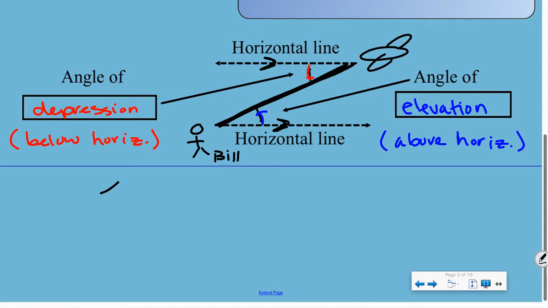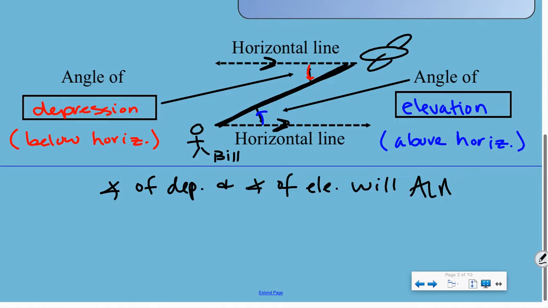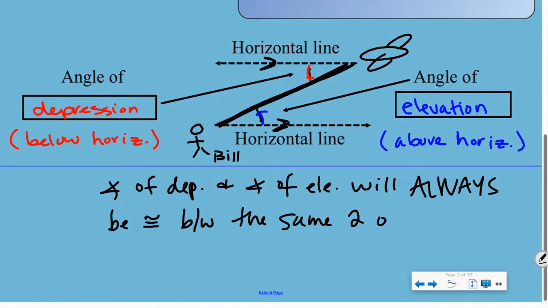Alright, so your angle of depression and your angle of elevation will always be congruent, between the same two objects. And that's because they're alternate interior angles.